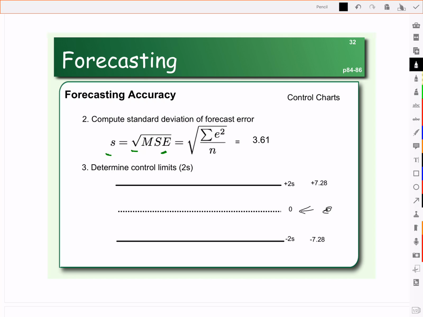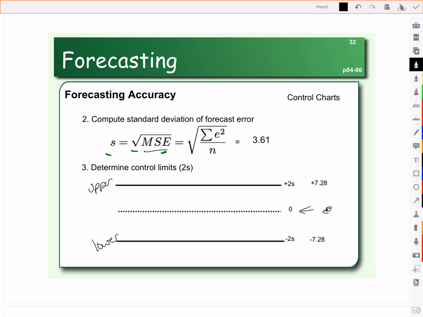So we need an upper bound and a lower bound for our control chart. To find your upper and lower bound, you're going to find the standard deviation of the forecast error. So if you find the mean square error, you would just take the square root of this number. And remember that mean squared error takes your errors squared and finds the average of them.